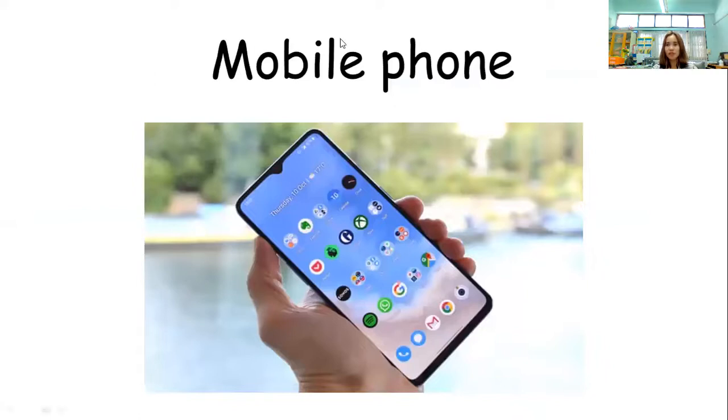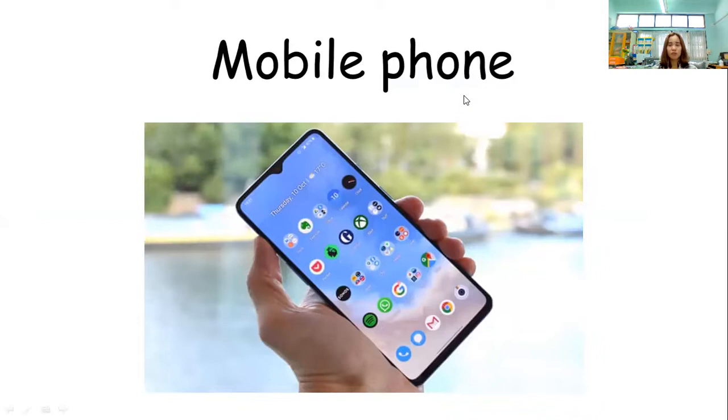You look at the picture, students. What is this? A mobile phone. Very good, students. So what is the use of mobile phone? Maybe we can use it in business, right?